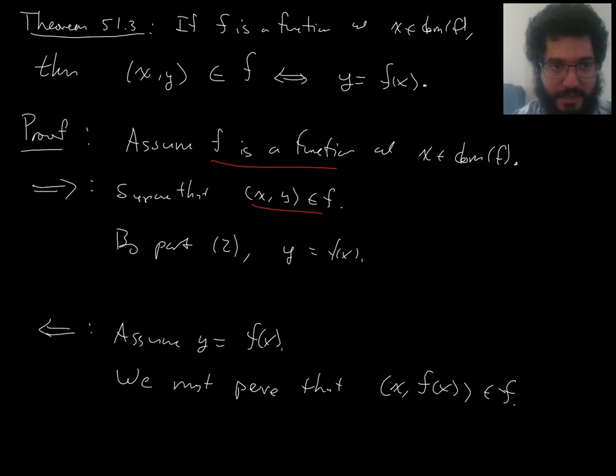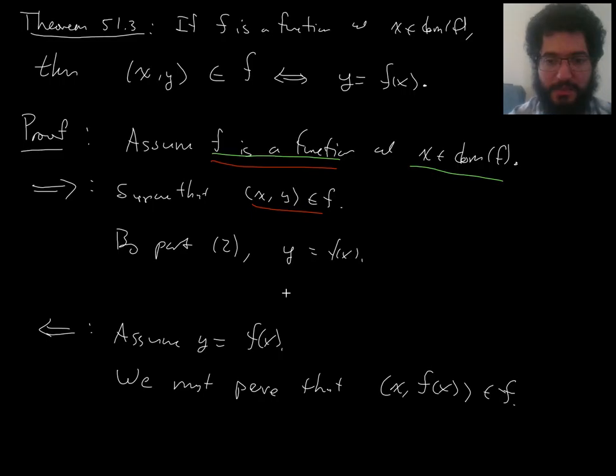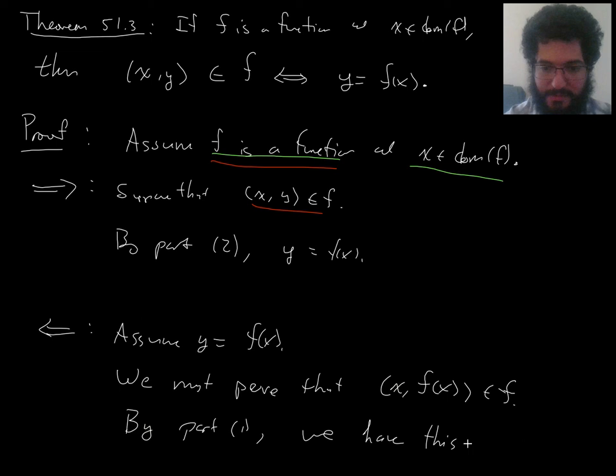But I'm in a context where f is a function and x is in the domain of f, which is exactly what's needed to apply part 1. And that does give me the thing that I want. x comma f of x is in f. By part 1, we have this thing that we must prove. So we are done here.